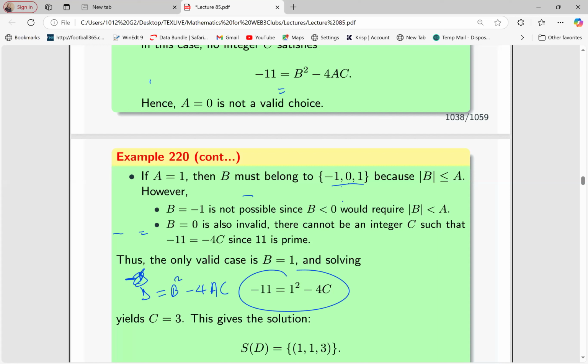So our D is negative 11, our B is 0 square, minus 4, A is 1, then C. So you have negative 11 is negative 4C. We are doing this mod 13.